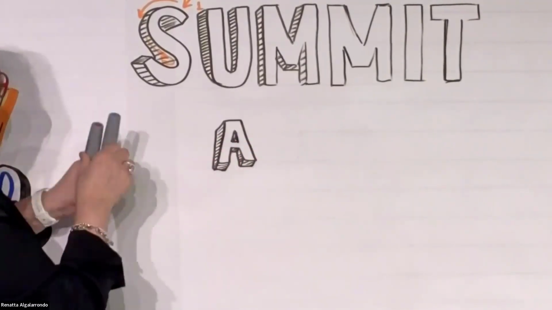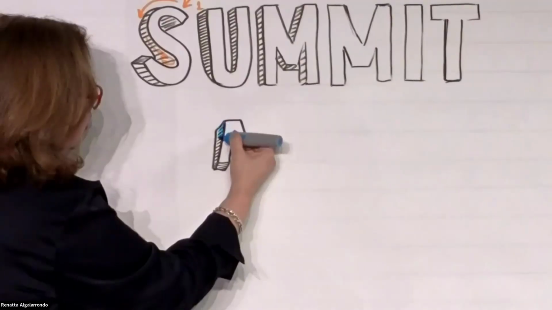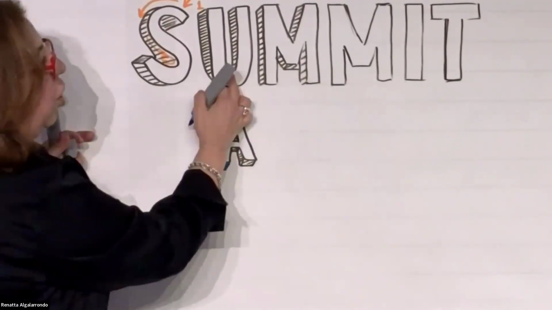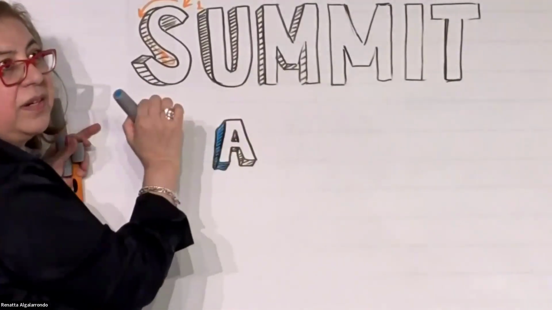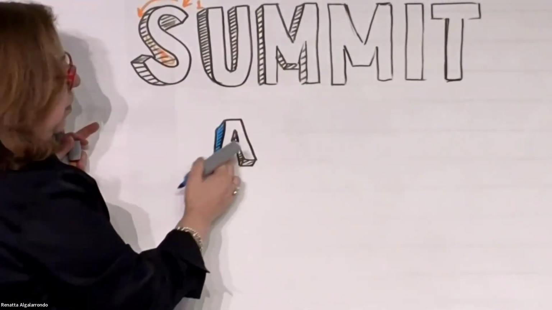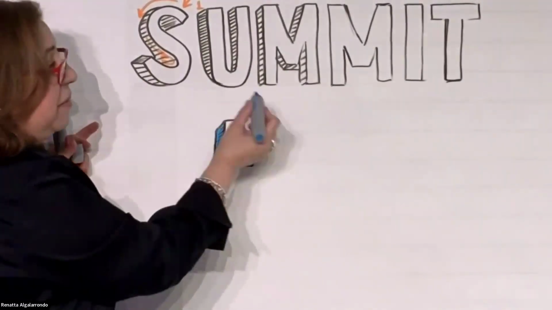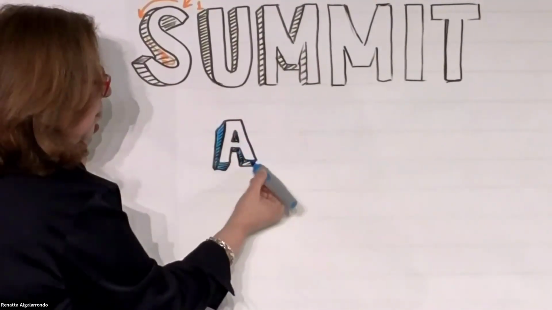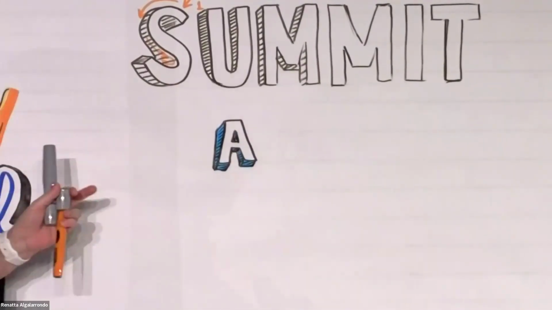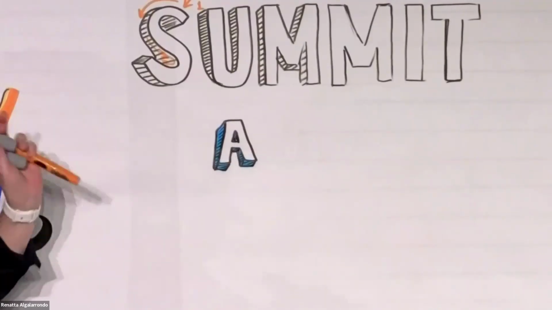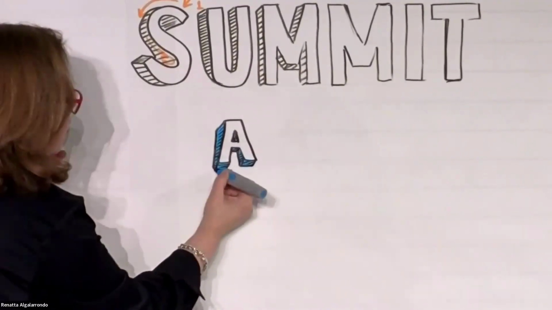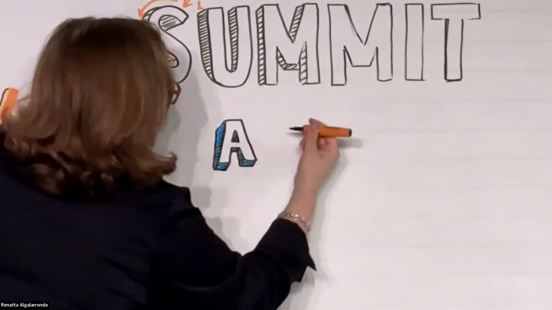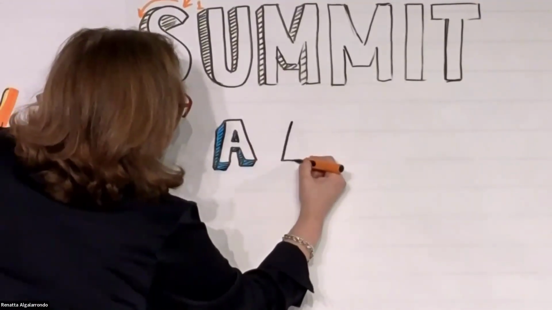And we can color the drop shadow only, because to color in block letters takes a little longer as well. So if you're in a hurry and you don't have time to color everything, you can color just the drop shadow. See, it pops a little bit. It's different, right? Let's do another one.